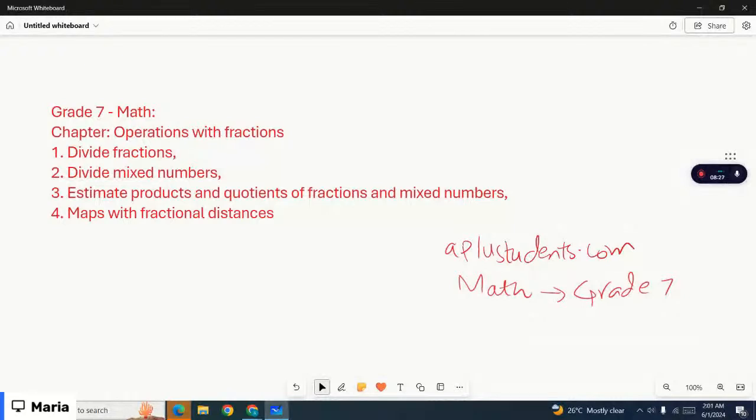We are going to start with the chapter operations with fractions. We are going to cover today divide fractions, divide mixed numbers, estimate products and quotients of fractions and mixed numbers, and maps with fractional distances.